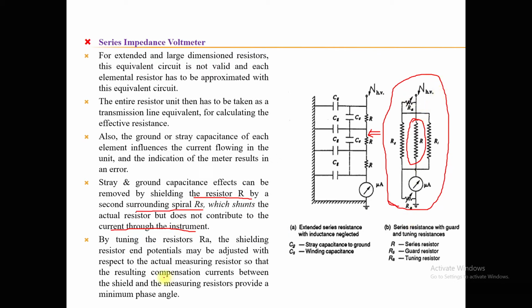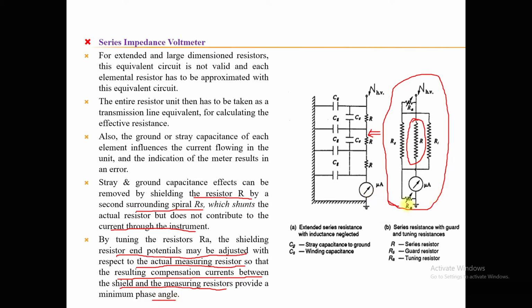This RA represents the tuning resistor. By tuning the resistor RA, the shielding resistor and potentials may be adjusted with respect to the actual measuring resistor, so that the resulting compensation current between the shield and the measuring resistor provides the minimum phase angle.